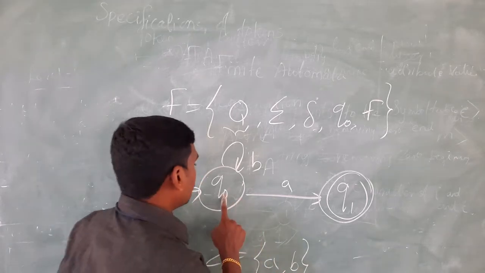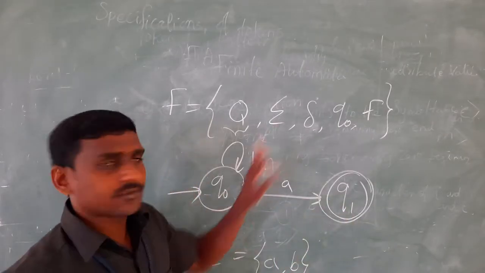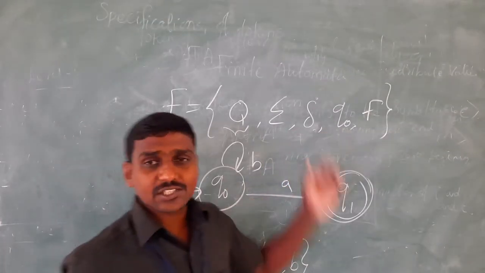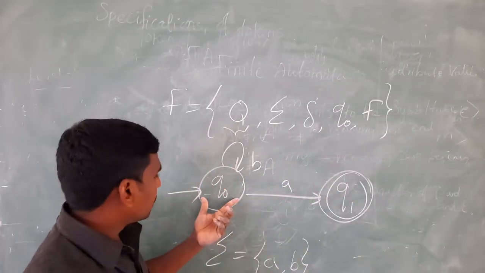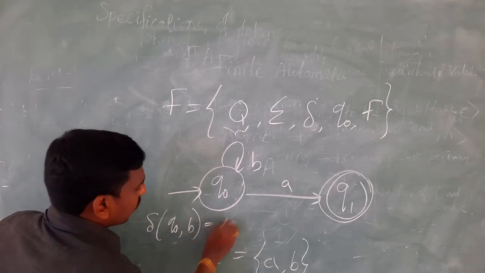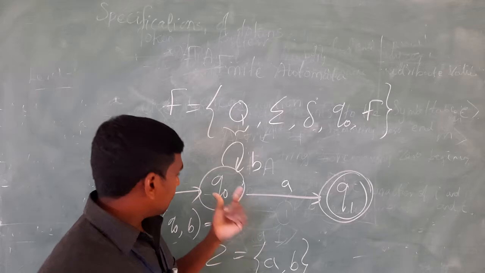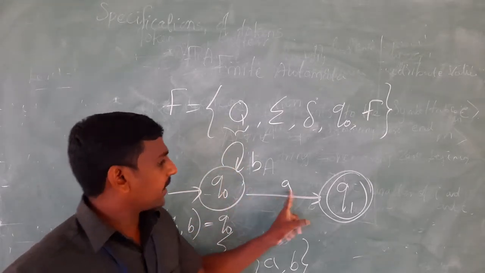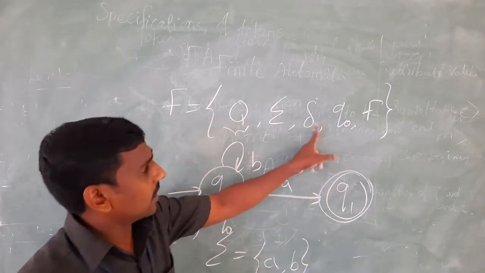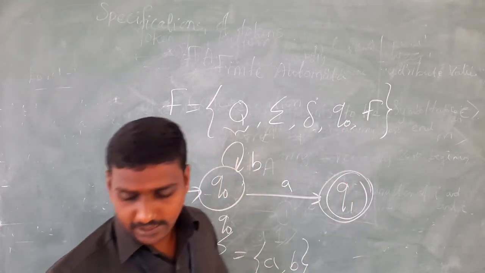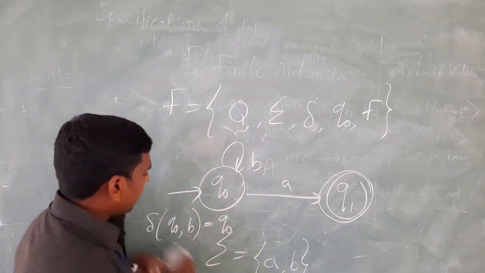How many states are there? 2, q0 and q1. Sigma is a finite set of input symbols. How many input symbols? A and b. Delta is the transition function. Delta of q0 comma b goes to q0. Clear? See, q0 comma b goes to q0, that is the transition function. q0 comma a goes to q1, transition function. q0 is a starting state, F is an accepting state. Okay, this is a finite automata example.